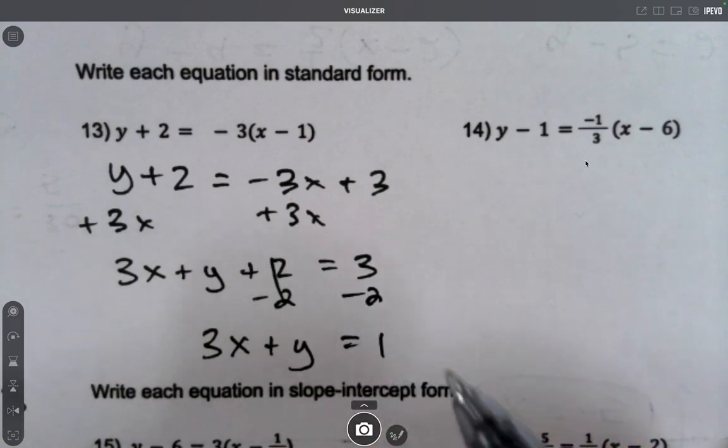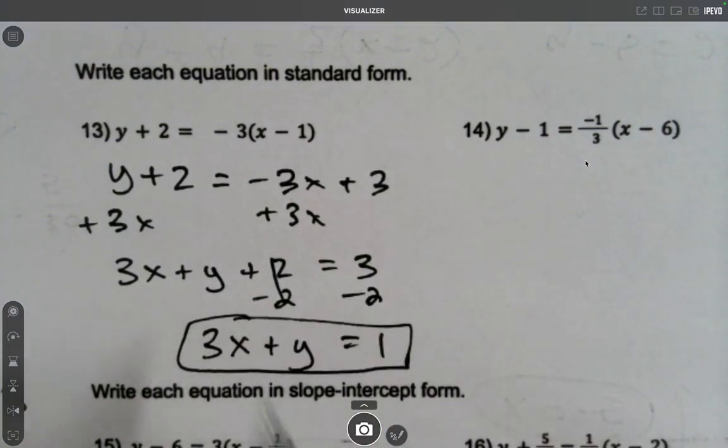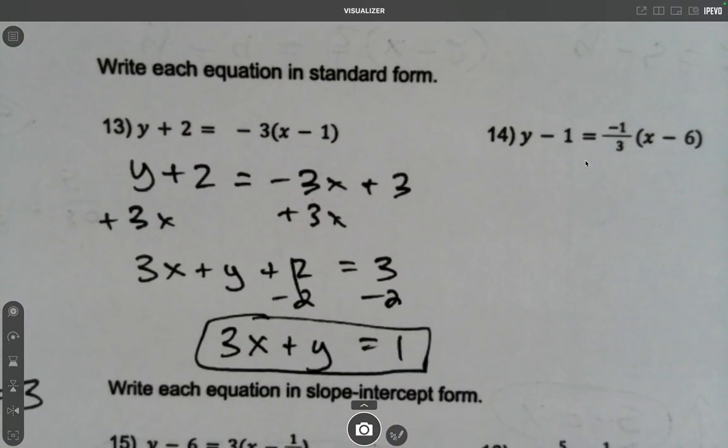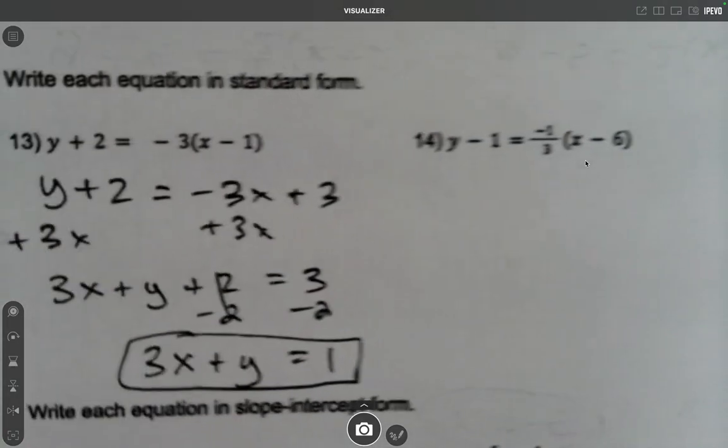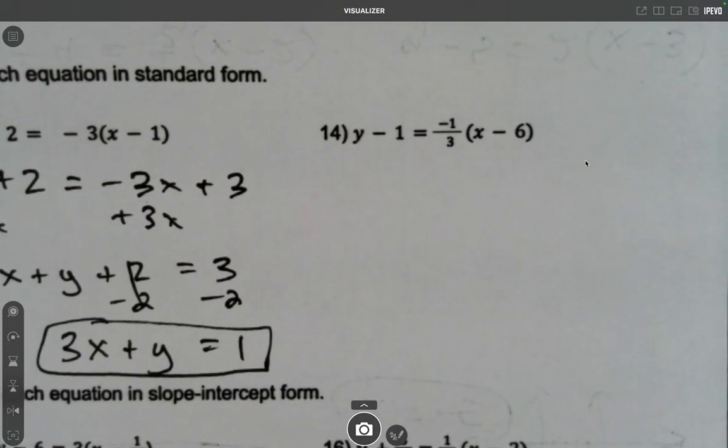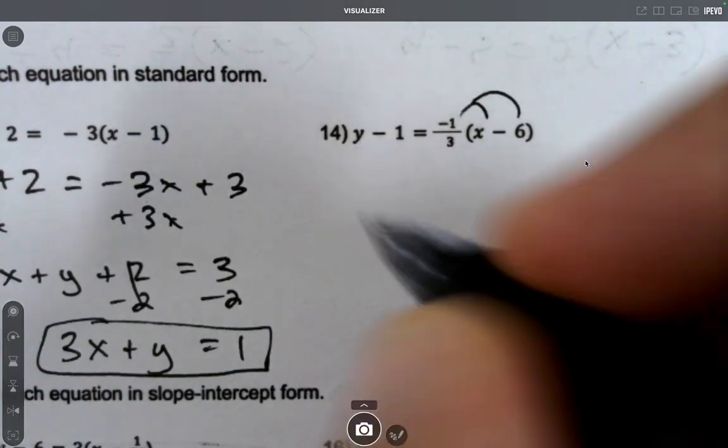I fear I went a little bit too fast on that one, so I encourage you to pause and look through that again if you need to, and I'll make sure I go at a better pace on this next one. Again, first thing we want to do is distribute.